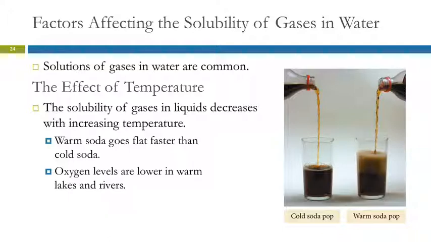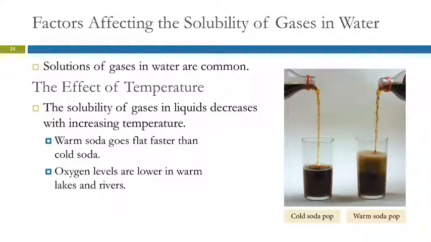This has significance for aquatic life forms because oxygen levels are lower in warm rivers and lakes and oceans. And so you can have thermal pollution. Say a factory is generating wastewater that's warm.